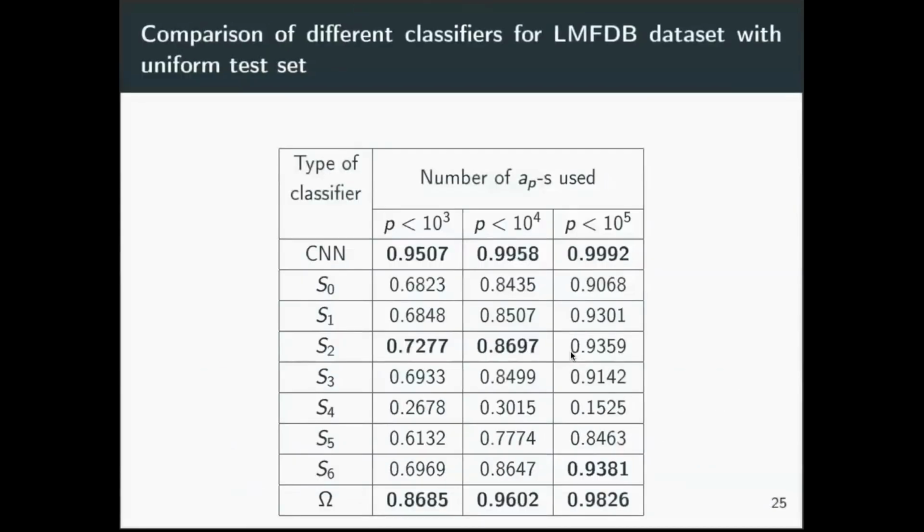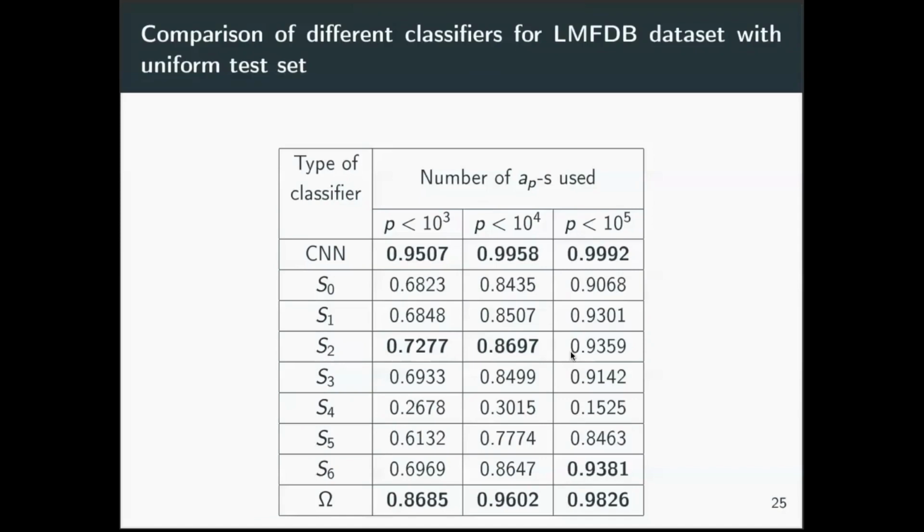Okay, now I'll show you a few tables. First, we're going to compare all these neural networks, which were trained on the LMFDB dataset, on the uniformly chosen test set. Recall that it means we randomly chose 20% of the curves in the whole database. So here we'll have many curves with small conductor that are easier to classify.